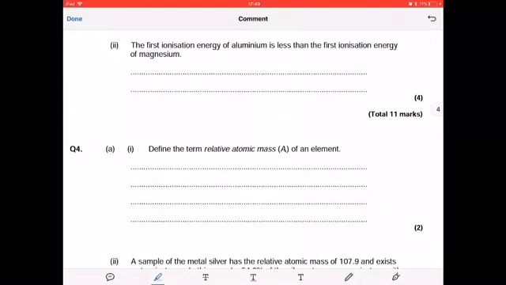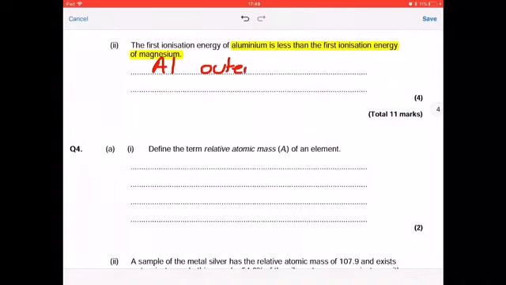But obviously aluminium and magnesium is one of the special cases we learned about during atomic structure. So Al is less than Mg because Al's outer electron is in the 3p orbital, which is slightly further away from the nucleus than the outer electron in magnesium, which is in 3s.